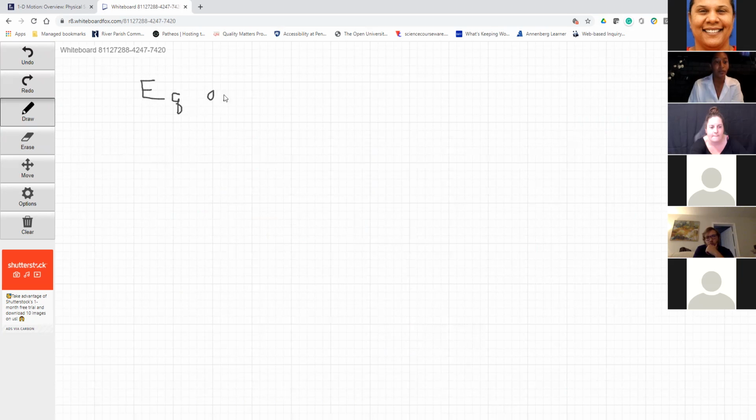Okay, so the equations of motion. I'm going to focus on the ones that we typically use the most.